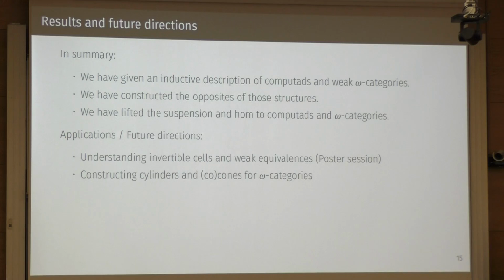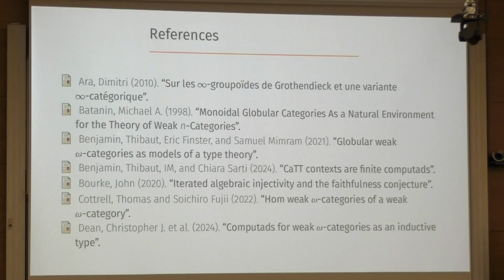And we are hoping that those might help us in building the path objects, so cylinders and cones for omega categories. So that's maybe a step towards eventually having some model structure and understanding colimits, but we are still many steps away from that. And with that, I would like to thank you again for your attention.